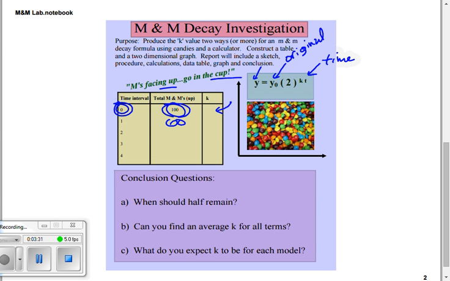If Y0 is the original, do you get that at time 0 the original number equals what? What's the other Y when time is not 0, when time is like 1 or 2 or 3? There's the original number of, is it the number of M&Ms?